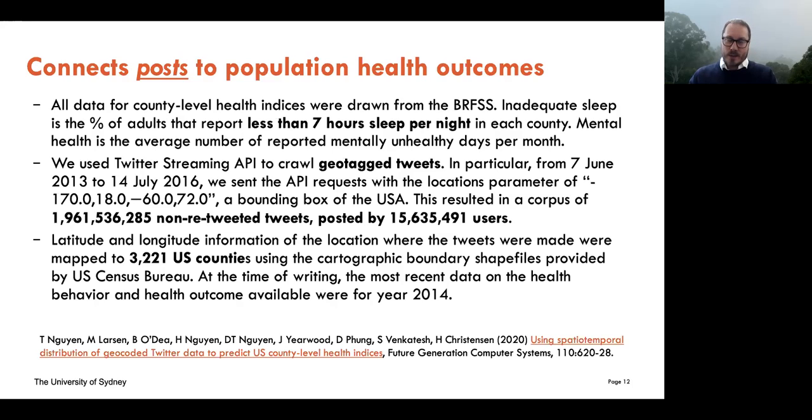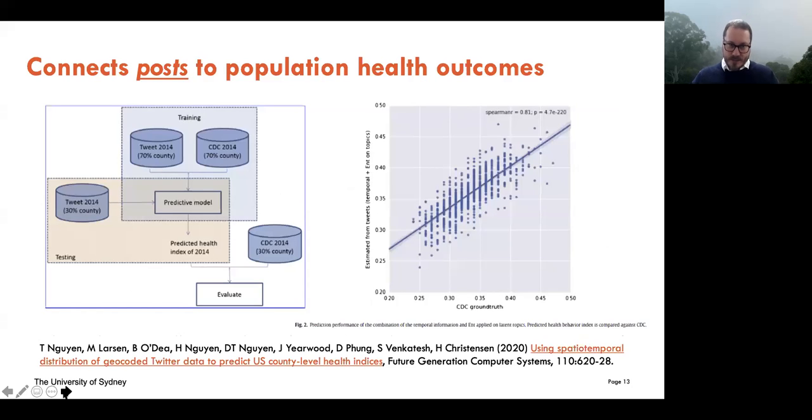And what they did was they looked at the county level proportion of adults that report less than 7 hours sleep per night, and they looked at the geotag tweets, and they were trying to look at what was essentially a range of statistical properties from the tweets that might help them model or predict, is what they're claiming, this mental health index.